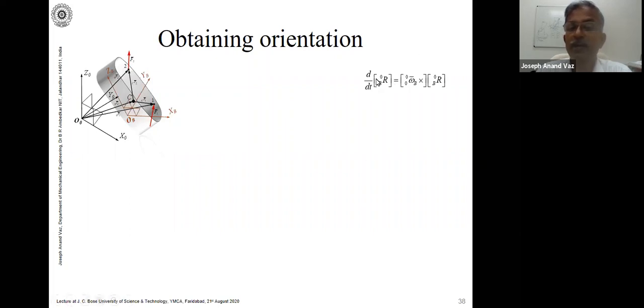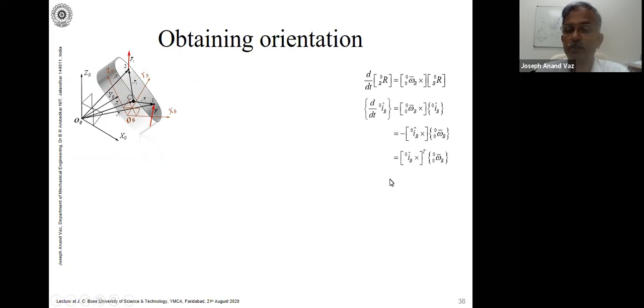Here you have the rate of change of the orientation matrix is equal to omega cross the orientation matrix. And the columns of the orientation matrix are the unit vectors. So the rate at which the I vector changes is equal to omega cross I, because they are fixed magnitude vectors. They only change their directions with an angular velocity of omega.